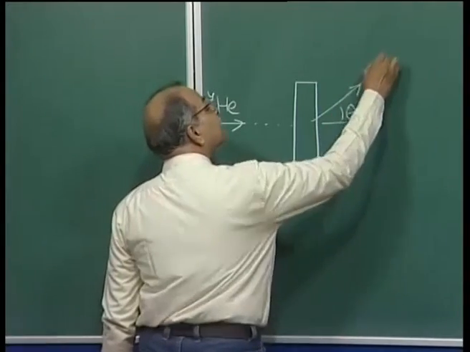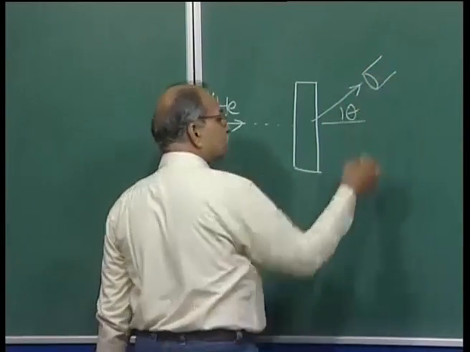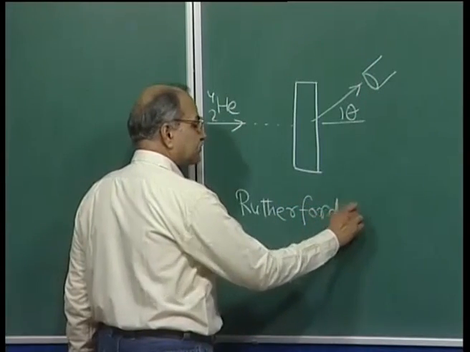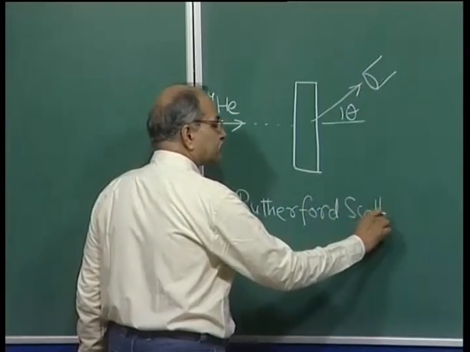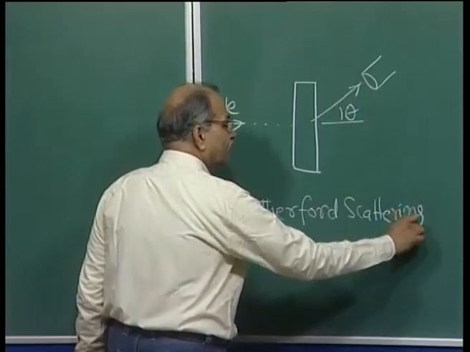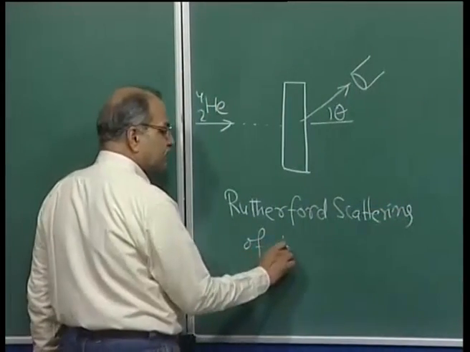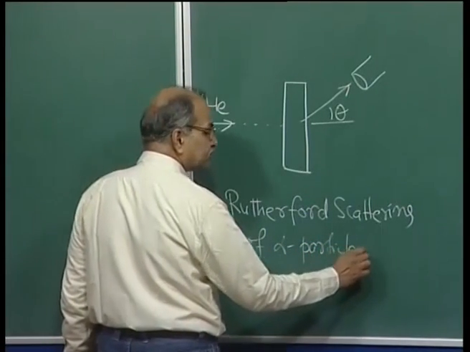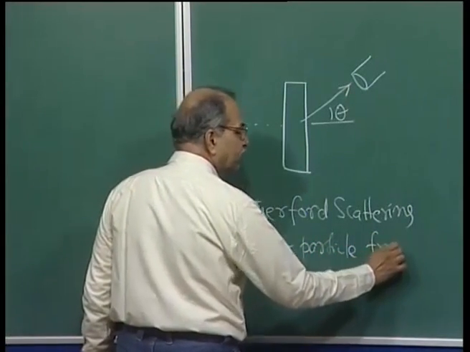You put your detector at some angle theta, and this is how nuclear physics started, the scattering of alpha particles from metal foils.